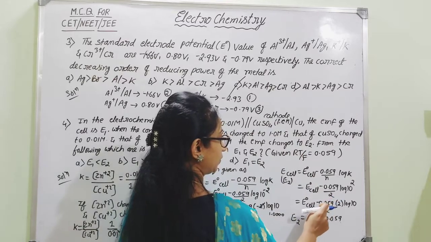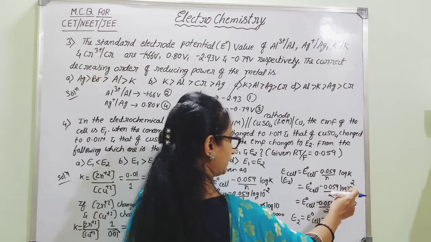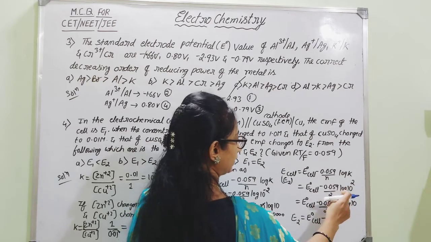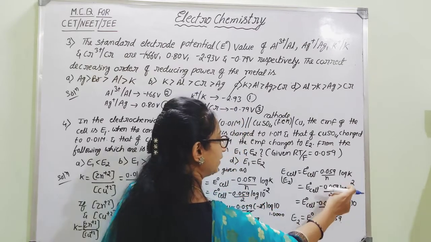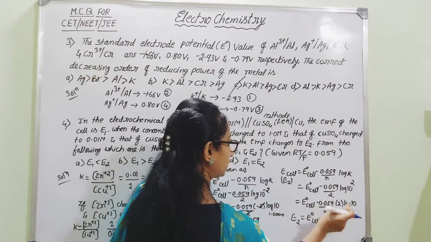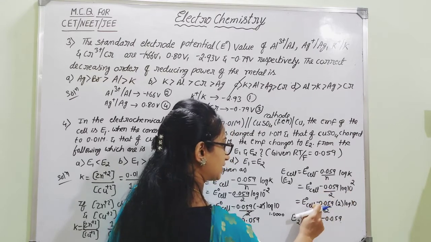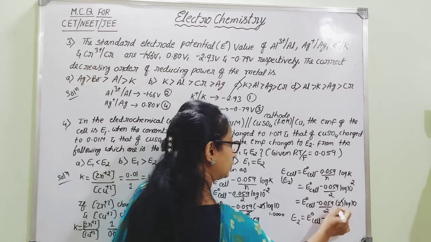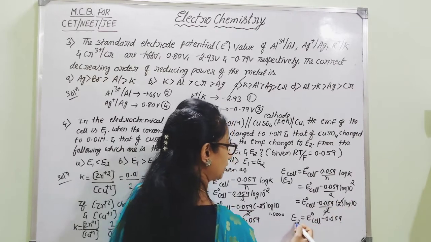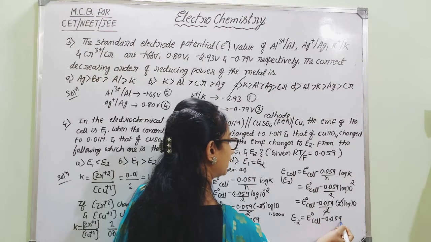Hence, minus 0.059 by 2 log 10 power 2. Again, log m to the power n is n log m, so we write 2 log 10. We know log 10 is 1. Here there is minus and here plus, so minus into plus leaves minus. The 2 and 2 cancel. So E2 is equal to E naught cell minus 0.059.